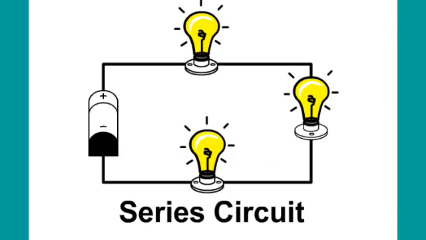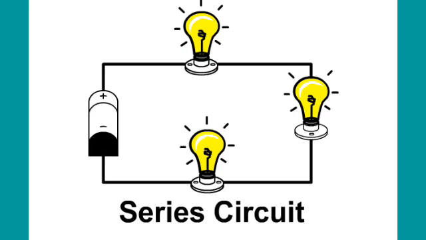Series circuit. A series circuit is one that has more than one resistor but only one path through which the electrons can travel. From one end of the battery, the electrons move along one path with no branches through the resistors to the other end of the cell.